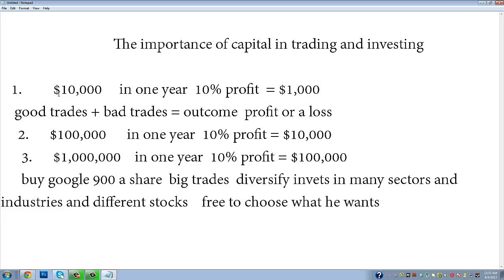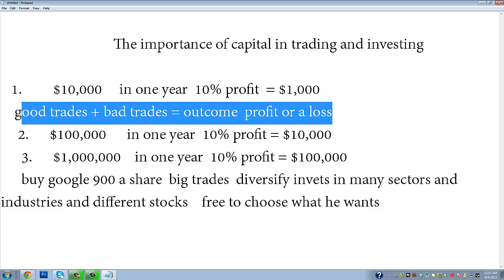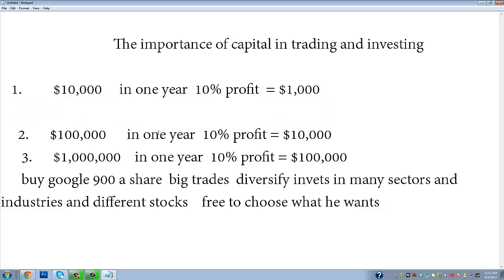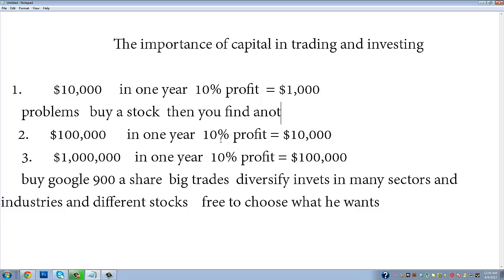Now for someone else who has a small account like this, $10,000, you will always be having a problem. Not just one problem, but a lot of problems. You buy a stock and then you find another, better opportunity.